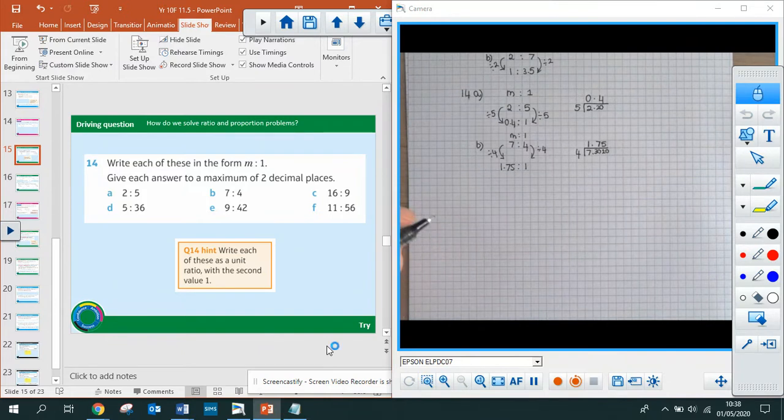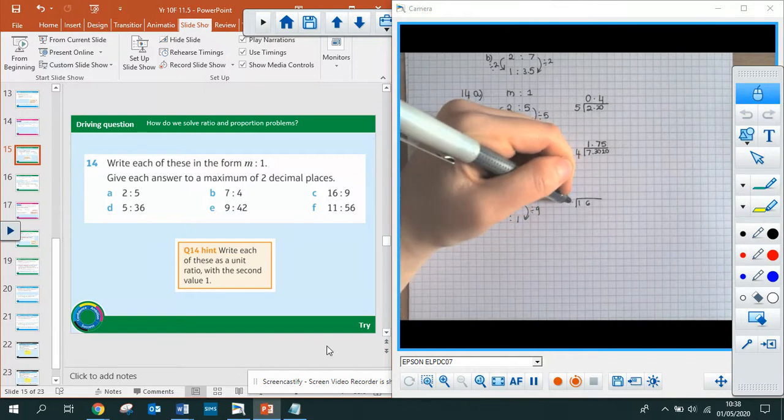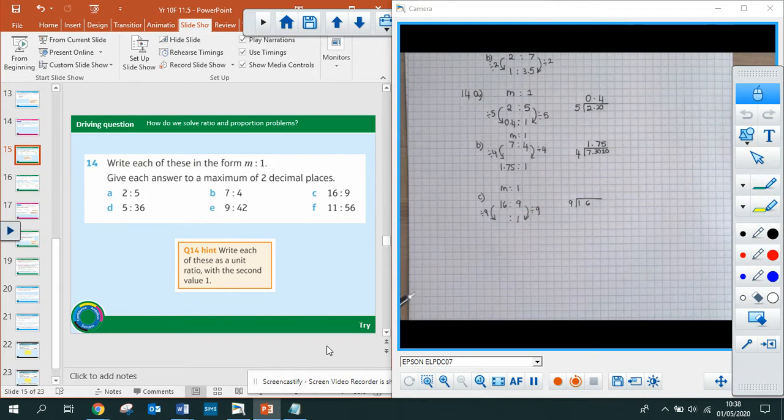We're going to have m to 1, and we've got 16 to 9. Therefore, the 9 is the one that's going to be 1 in our final ratio. So we're dividing both sides by 9. 9 divided by 9 is 1. I don't know 16 divided by 9, so I'm going to need to use my bus stop method.